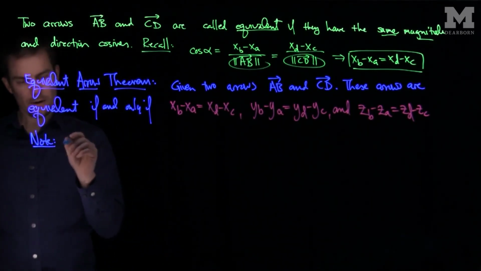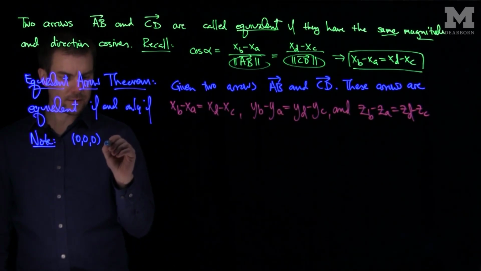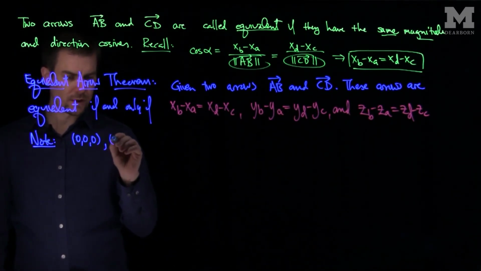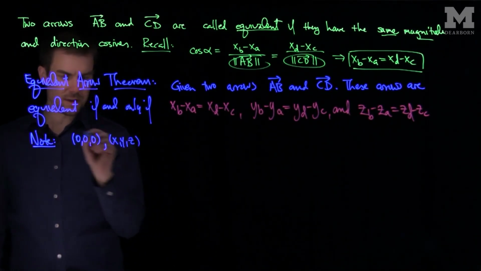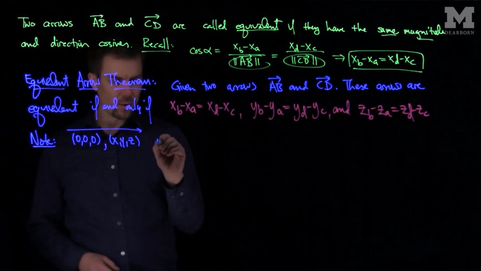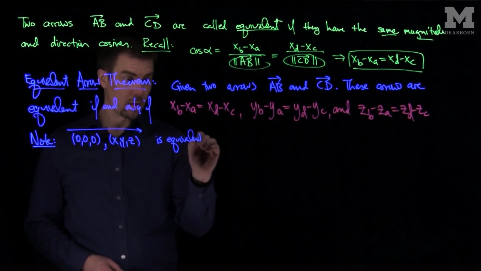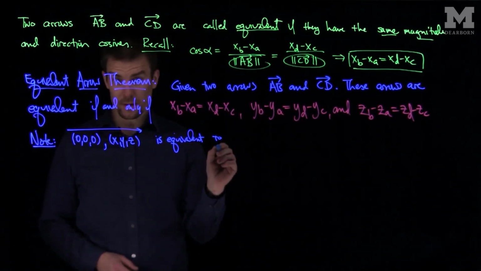if we have the arrow, let's look at the arrow 0, 0, 0, that's my first point, to the point x, y, z. Let's look at this arrow over here. Then what I can do is I can say this arrow is equivalent to any shift of it.